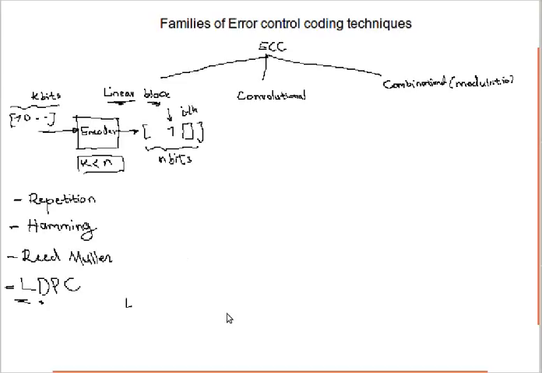Now the fifth family of codes, which is also very famous, is called polar codes. These codes were published recently, meaning after 2000.